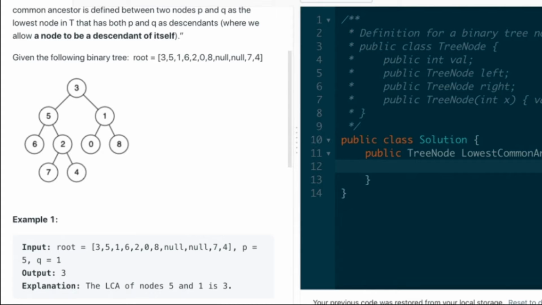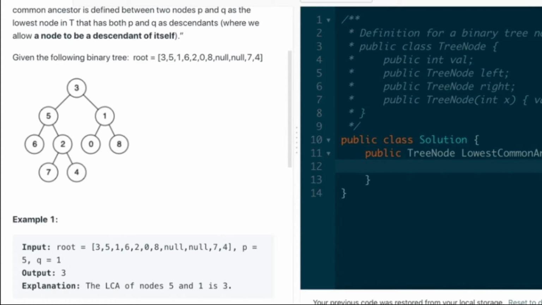So let's try another example. Let's try an example where we are looking for the LCA of 6 and 4. So we will start here. We will get to 5 and ask the question, 5 is equals to 6 or 4? No, 5 is not. Go to the next node. 6 is equals to 6 or 4?